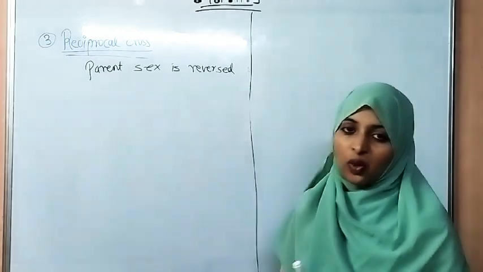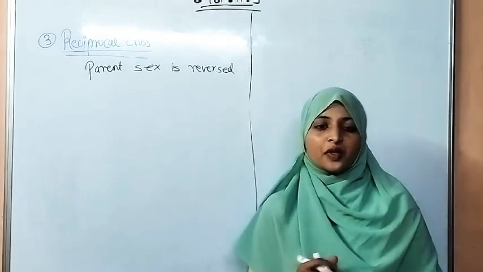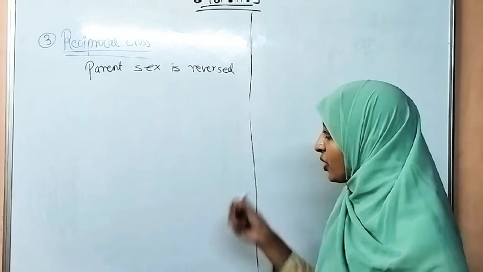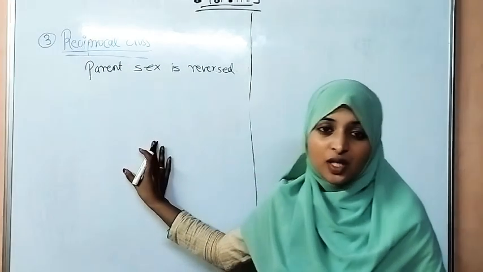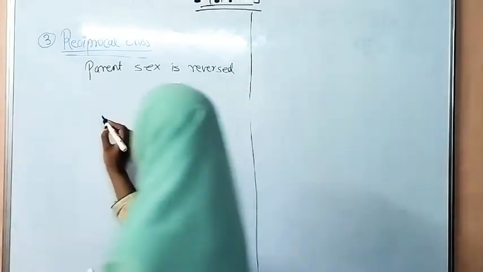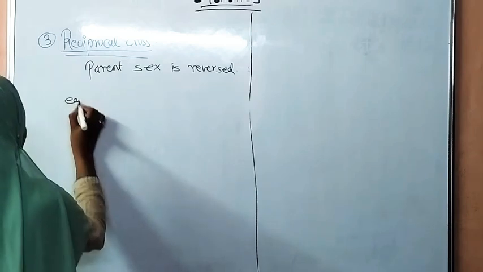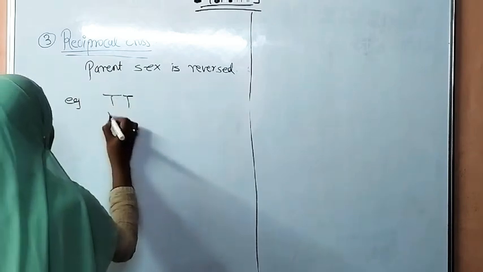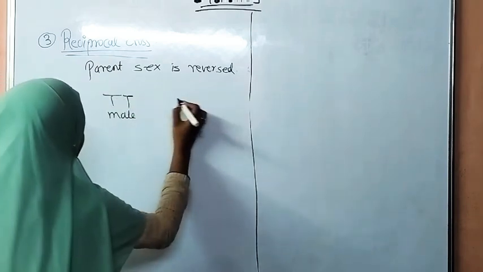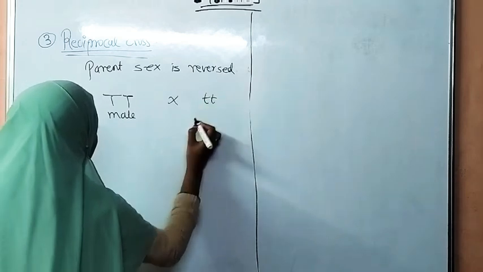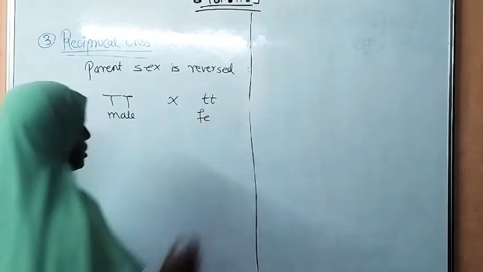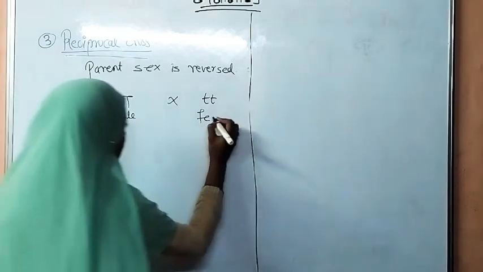Now, what is meant by parent sex? Let us see an example. Consider capital T as a male parent crossing with a female parent, which is small t.